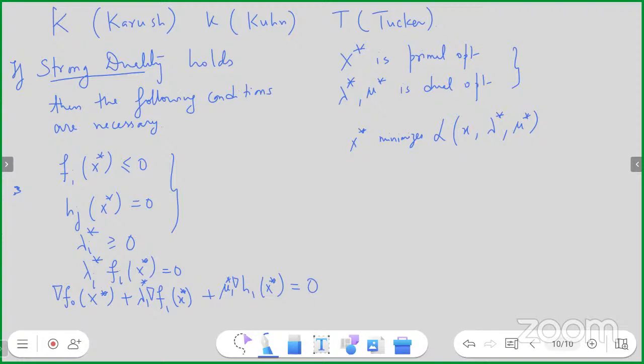From the second, fourth, and fifth we get that the gradient of f0 of x tilde is 0. Let's call it tilde, just so that we don't confuse ourselves. So the pair which satisfies 1, 2, 3, 4, 5 is x tilde, lambda tilde, mu tilde. Okay, so 2, 4, 5 imply this. That much is fine.